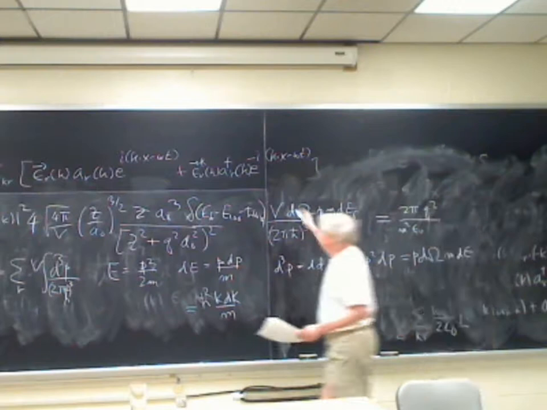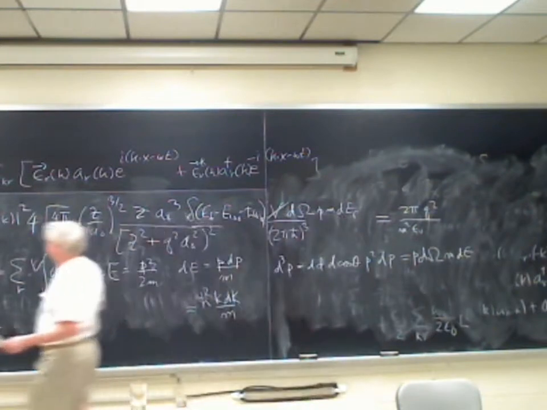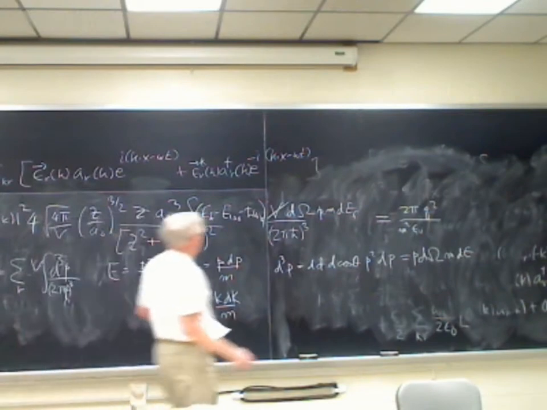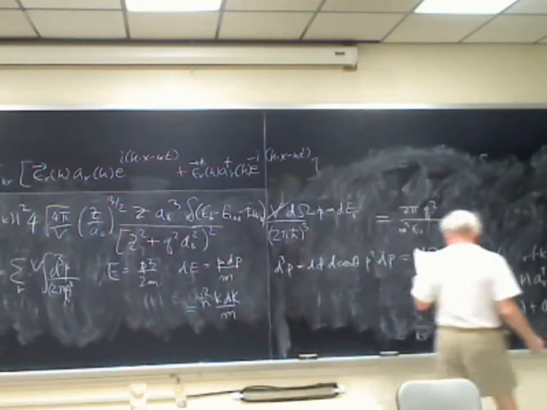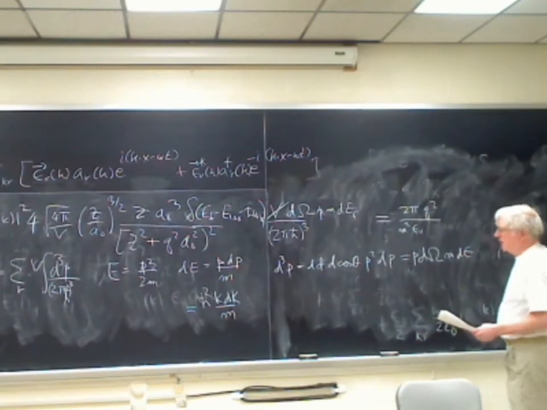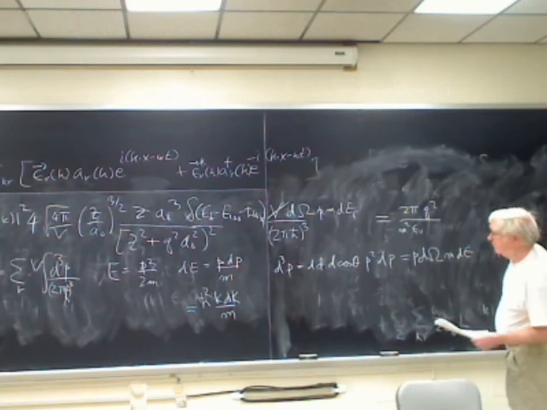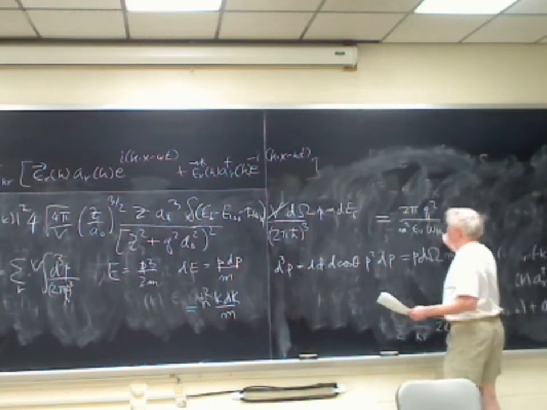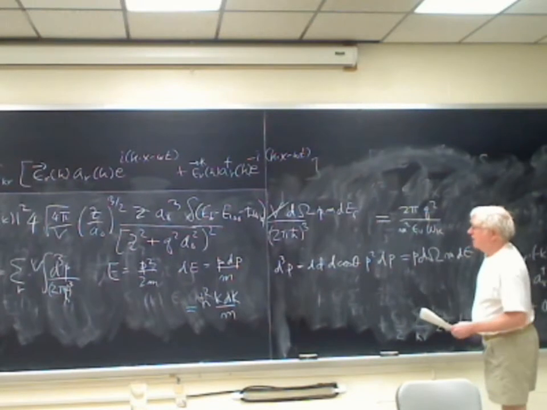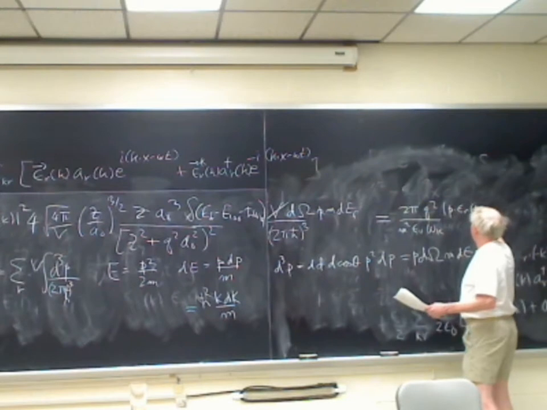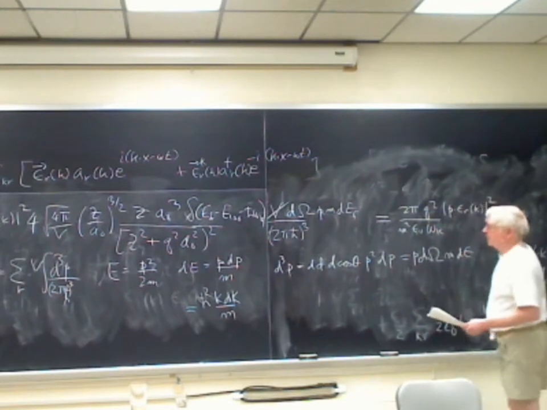The v's cancel. M squared epsilon 0 omega k. And then we have P dot epsilon_R of K squared.